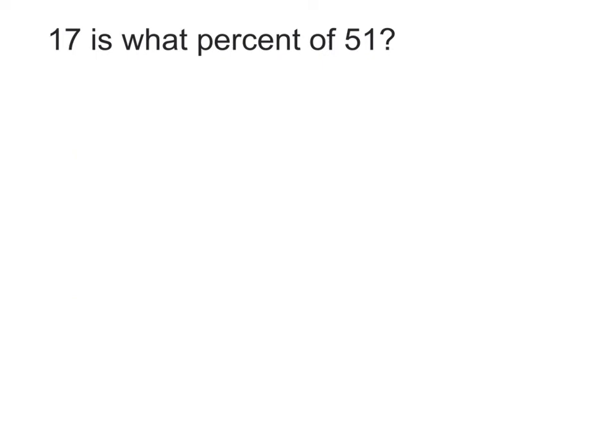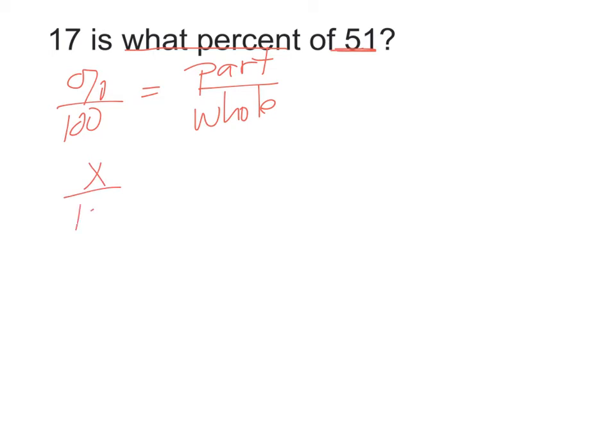Finally, here's an example where we're looking for the percent. As you can see, it says what percent. That's clearly going to be our x. And 51 is behind our of, so that's going to be our whole. Using our universal percent proportion, percent over 100 equals part over whole, we get x over 100 equals 17 over 51.